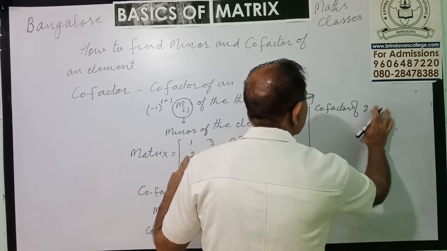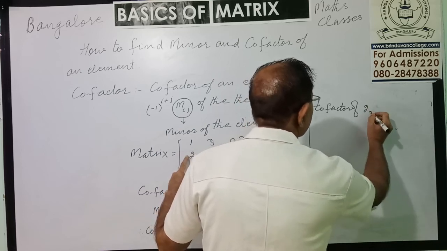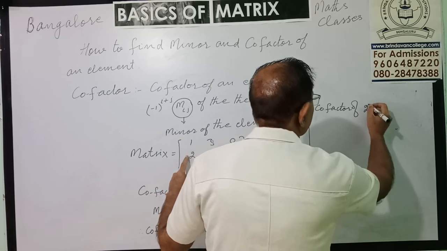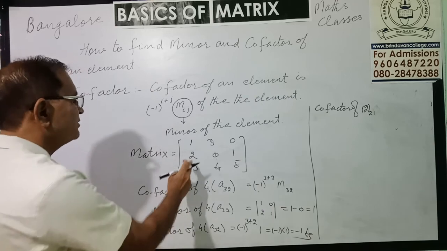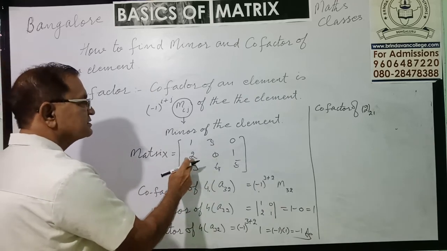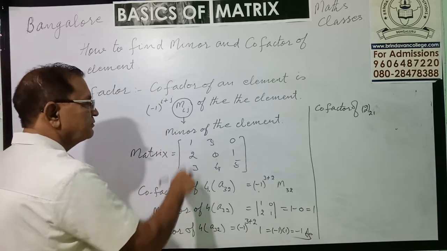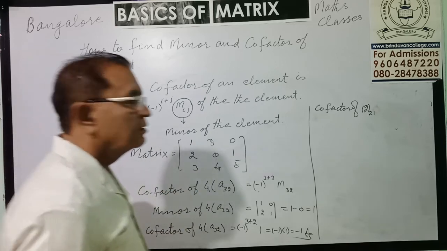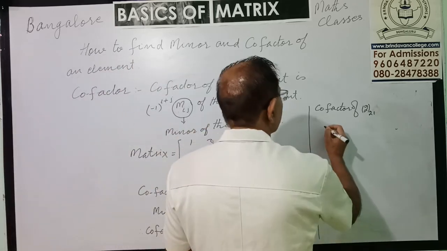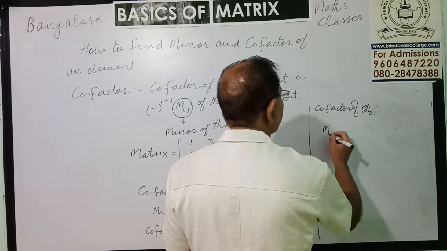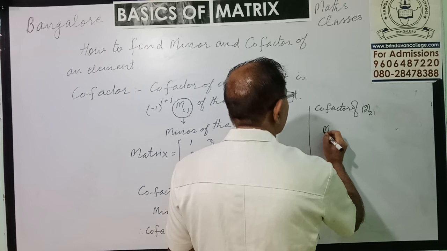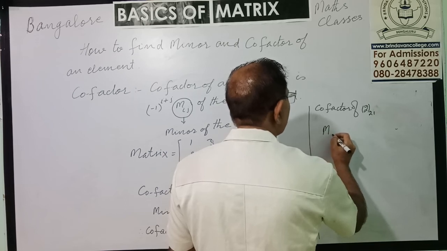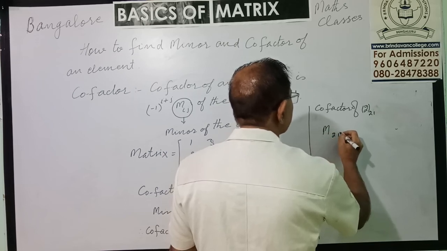Put it like this, second row first column, that is 2, 1. 2 for the element, then 2, 1 for second row and first column. How can we find it? First go for M of 2, the minor of 2, that is element 2, 1.